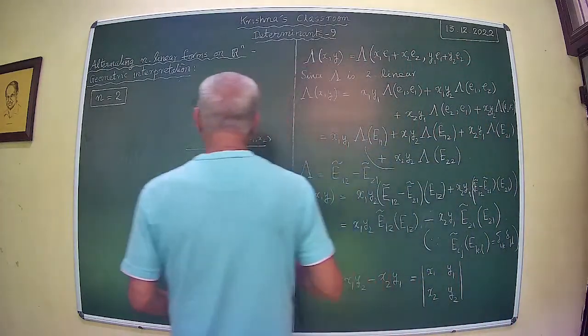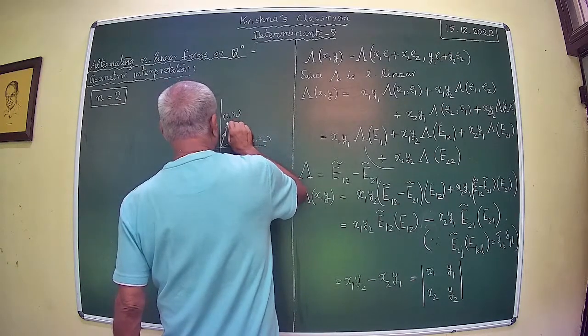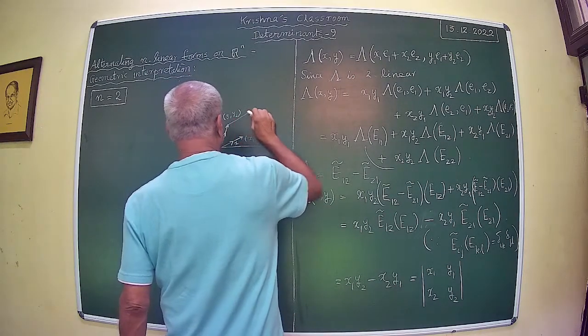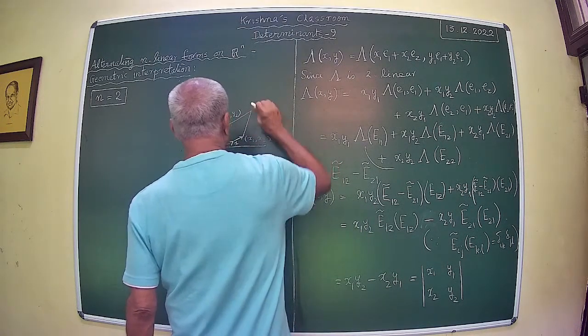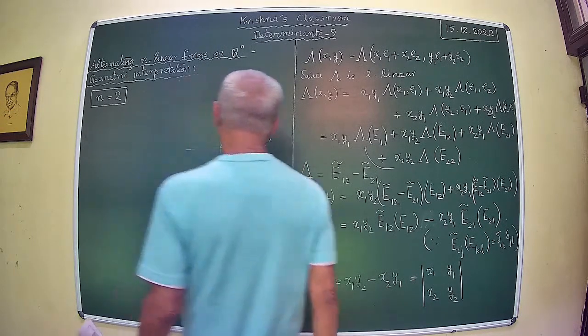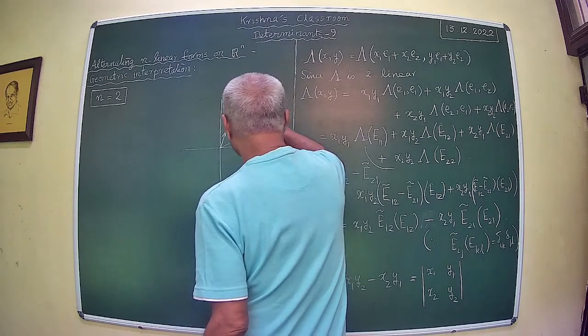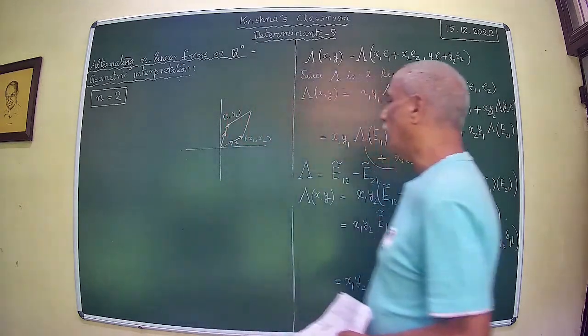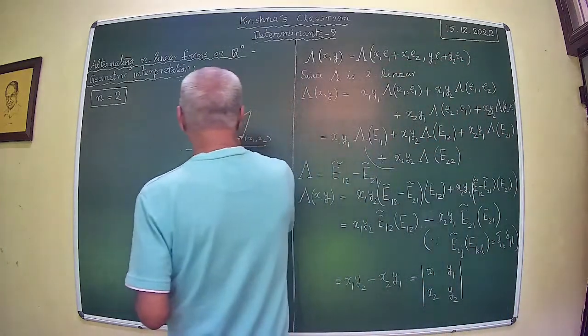Therefore, now let us take the parallelogram determined by these two vectors as sides. So let me complete the parallelogram. Now what is the area of this parallelogram?